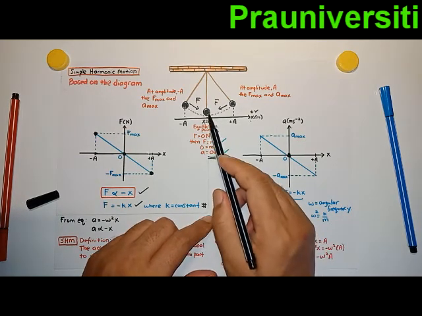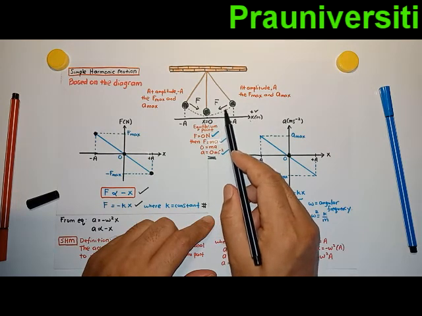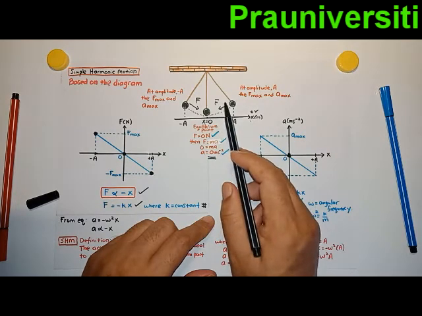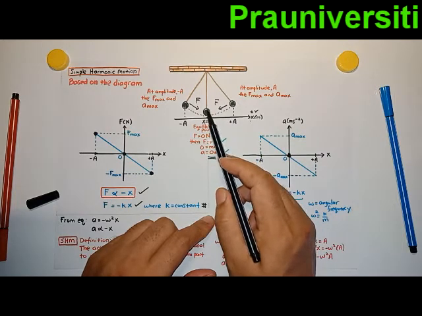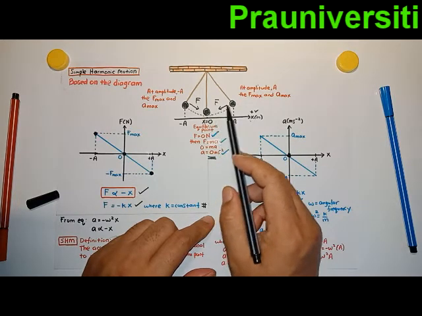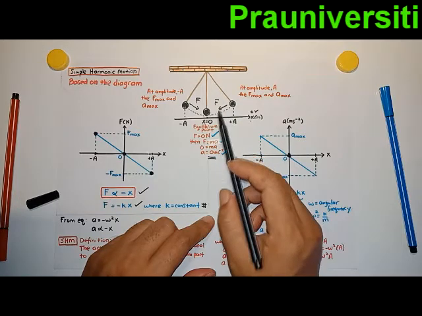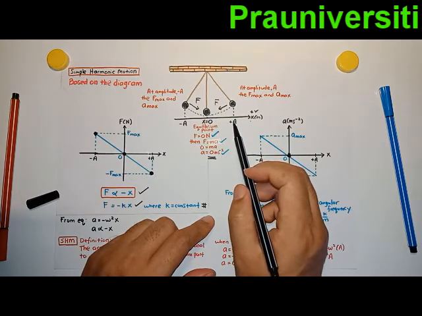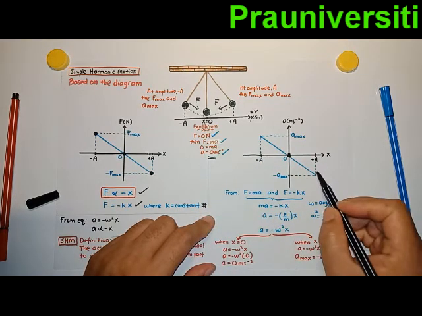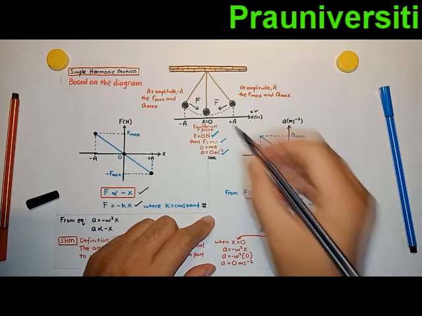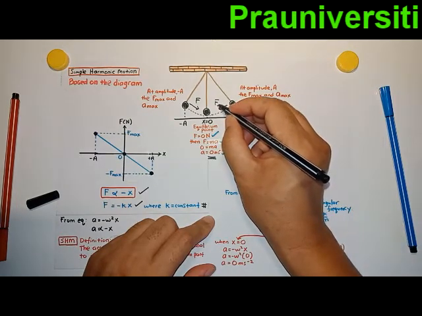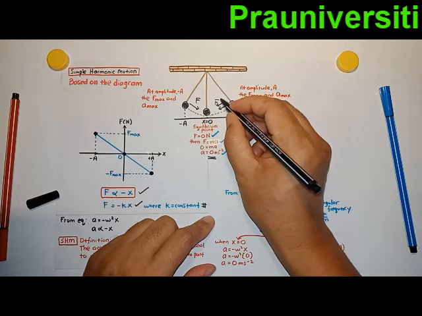When the object is moving towards the positive displacement, the direction of the F is towards negative displacement. Then when the object reaches the positive displacement, a is negative. Why? Because the direction of the a is the same direction as the F.